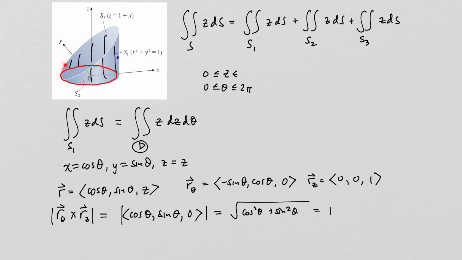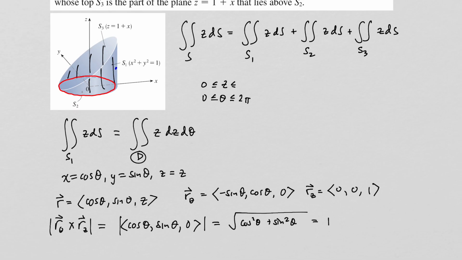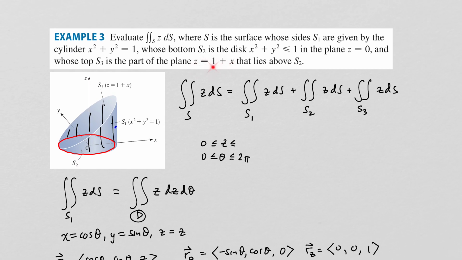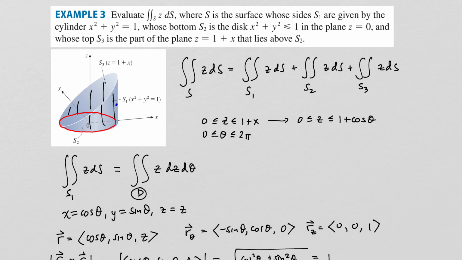Well, we know the equation of this plane up here. z is equal to 1 plus x. And so z is between 0 and 1 plus x. But that means that z is between 0 and 1 plus the cosine of theta, because in our parameterization, x is equal to the cosine of theta.